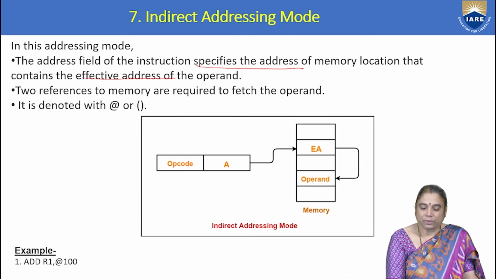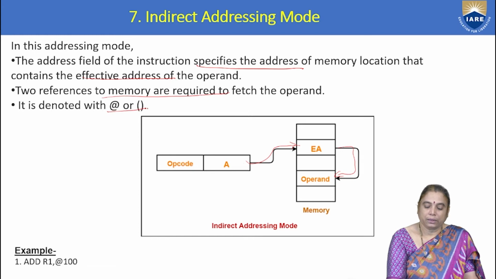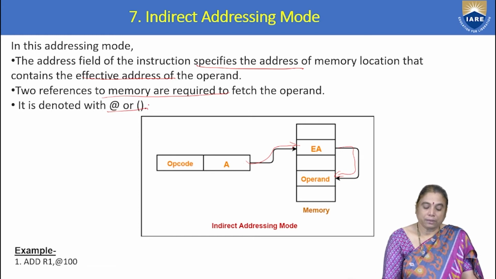So two references to the memory are required to fetch the operand. One reference is from the address to the effective address, and the second reference is from the effective address to the operand. That's why two references to the memory are required. It is generally denoted with the @ or parenthesis symbol.